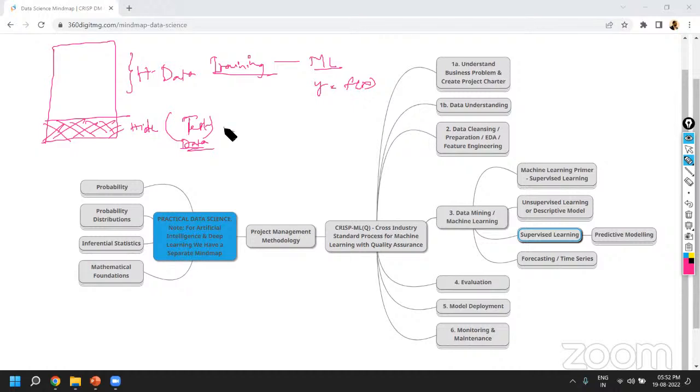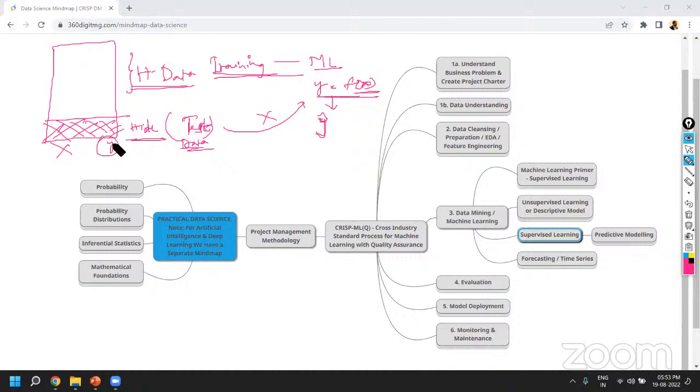Now what we say is, hey, this is new data. The test data that we have, we will assume that this is new data. So I will pass input to this equation that we have developed here. And when we pass the input to this equation, we will get the predicted results. But because this is historical data, we also know what Y is.